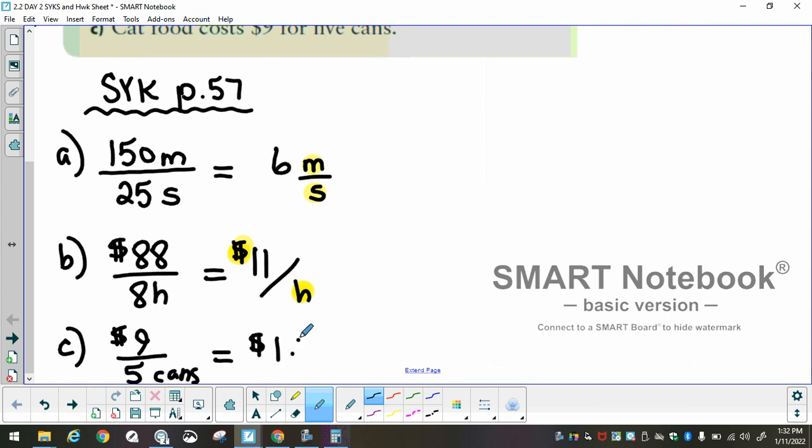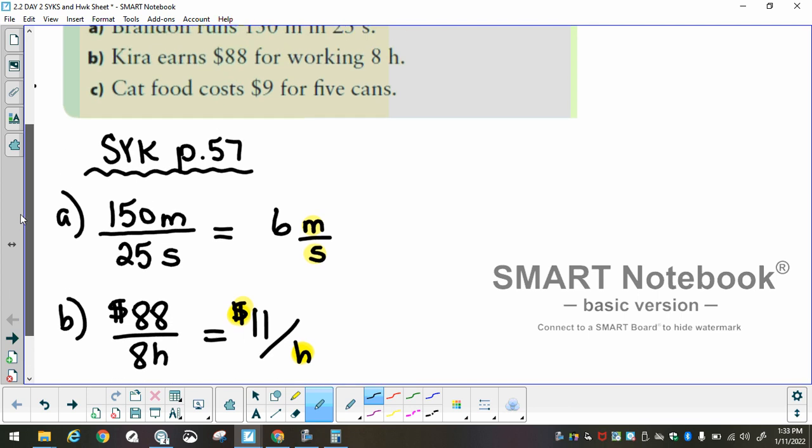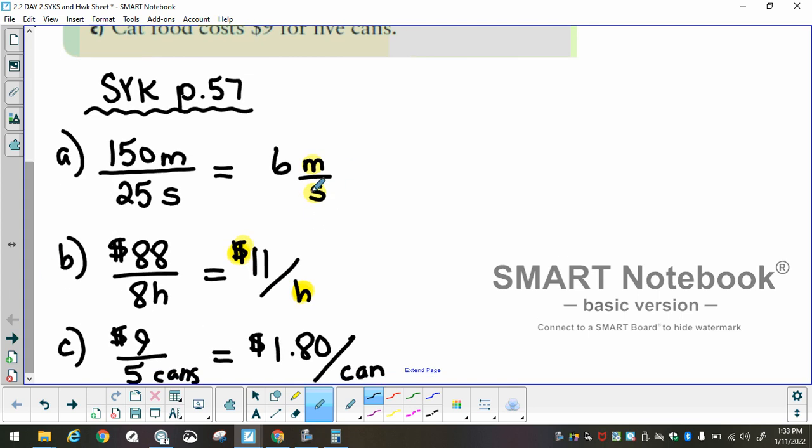So that's $1.80 per can, for 1 can. If it was $9 for 5 cans, then I'm paying $1.80 a can. Okay, again, those are all rates. They're all unit rates because this bottom number that we don't write is a 1, because when you divide them, that is what happens.